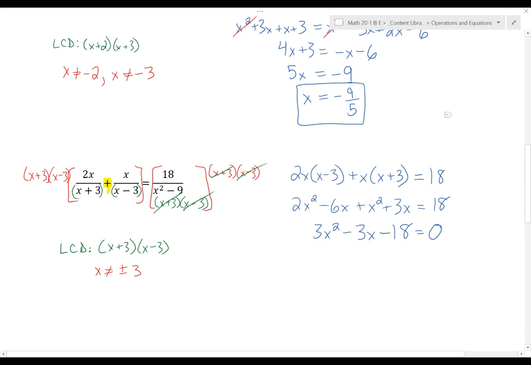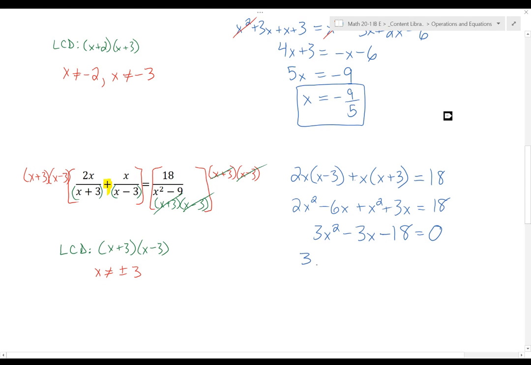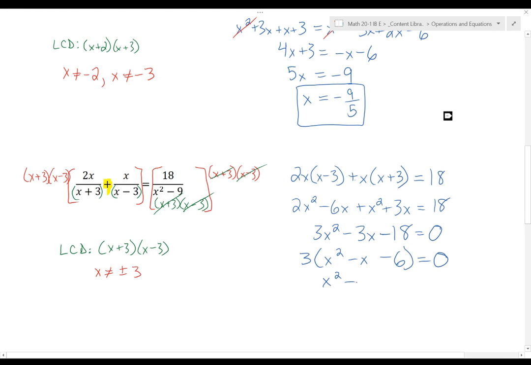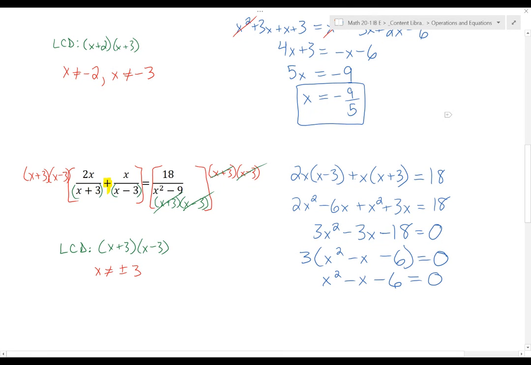The handy thing here, now it's quadratic, I want to factor, but I actually can just divide the whole equation by 3. I could keep the 3 up front, or I can do it this way: x squared minus x minus 6 equals 0. I can actually just get rid of that 3 altogether, because I can divide by 3 on both sides of the equation, and 0 divided by 3 is still 0.